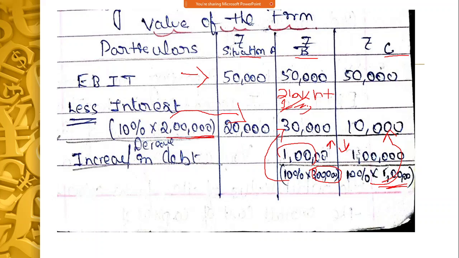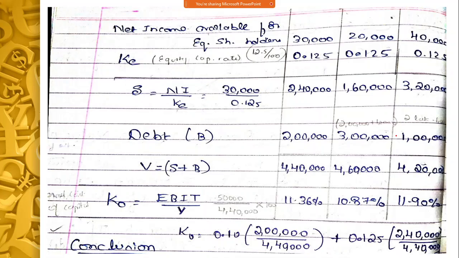So now earning before tax would be 30,000 for company A, 20,000 for company B, and 40,000 for company C. Now, when you see this, what we understand is the net income available for equity shareholders.